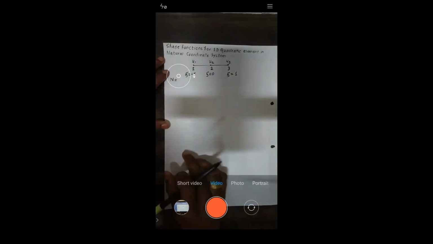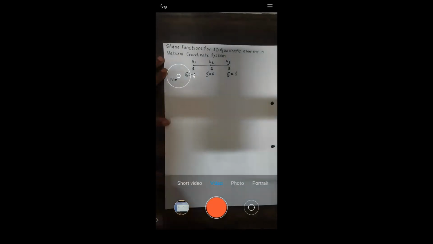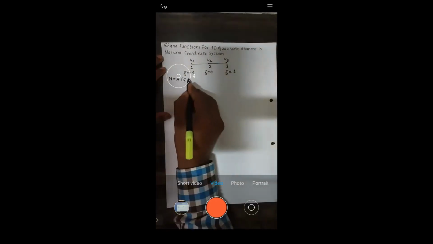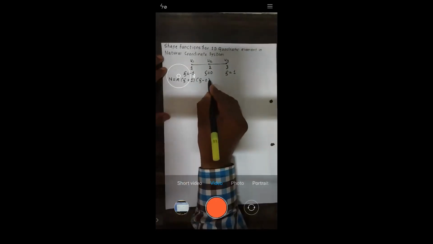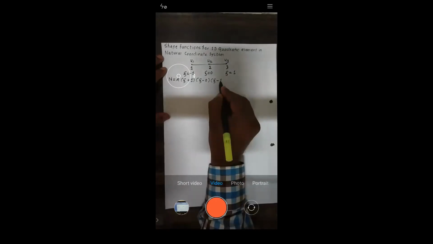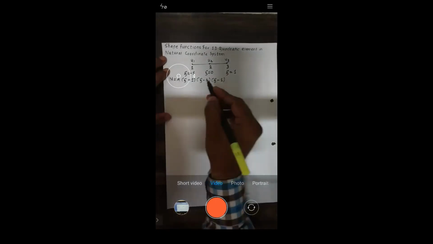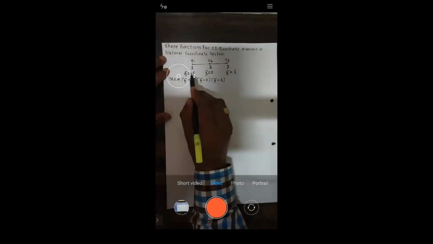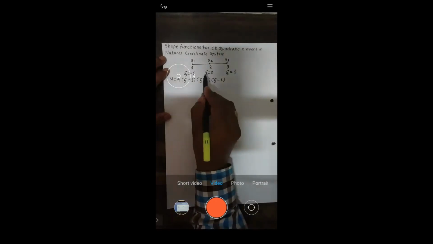Tell me how to write it down. Zeta plus 1, into zeta minus 0, into zeta minus 1. You just bring it here. So this becomes zeta plus 1, this becomes zeta minus 0, and this becomes zeta minus 1. This is the overall shape function.